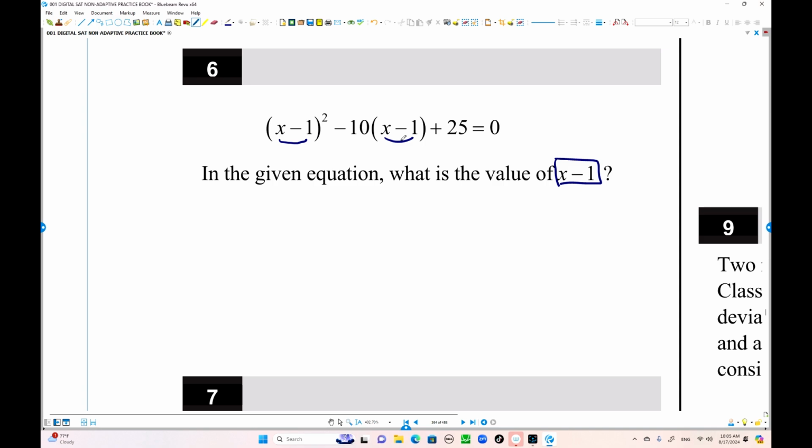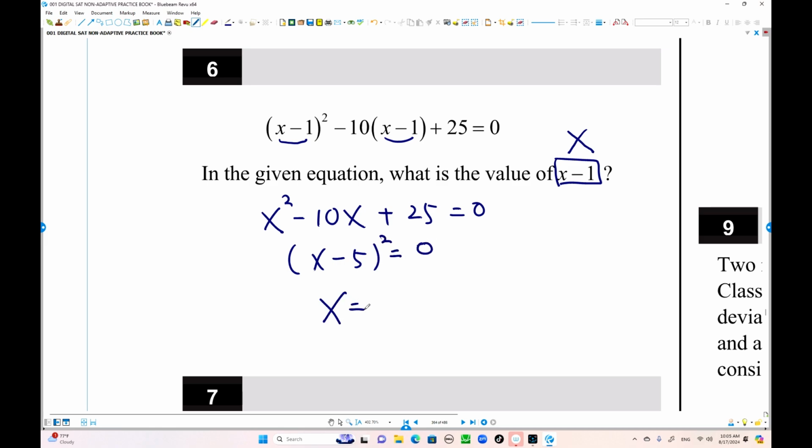So we're going to go with a shortcut. Let large X be little x minus 1. I'm going to replace this with large X squared minus 10X plus 25 in terms of large X. This can be factored: large X minus 5 squared equals 0. So large X equals 5. That's the answer, this is 5.